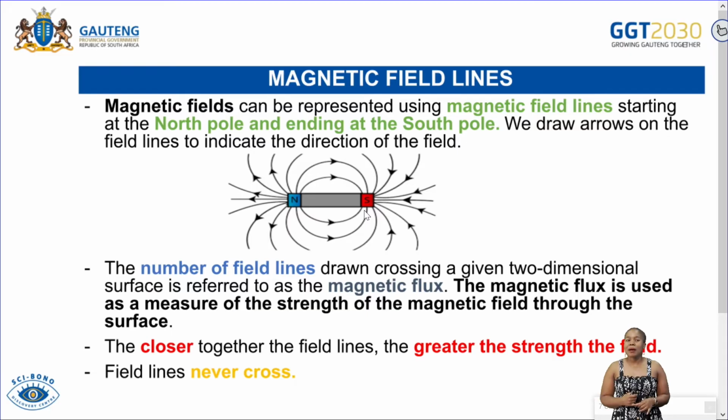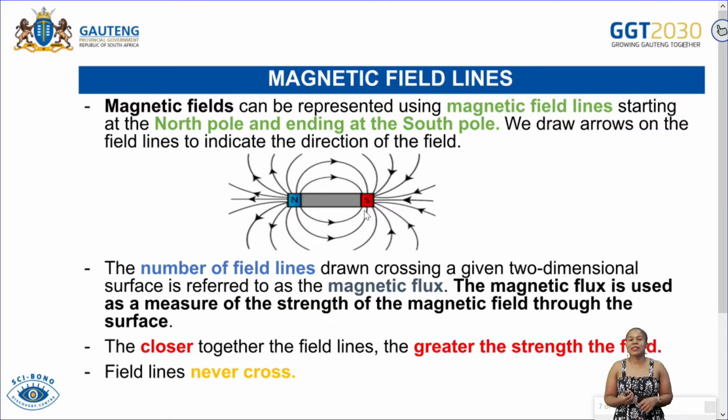Okay, now the number of the field lines drawn crossing a given surface is referred to as magnetic flux. The magnetic flux is then used to measure the strength of the magnetic field through that particular surface.